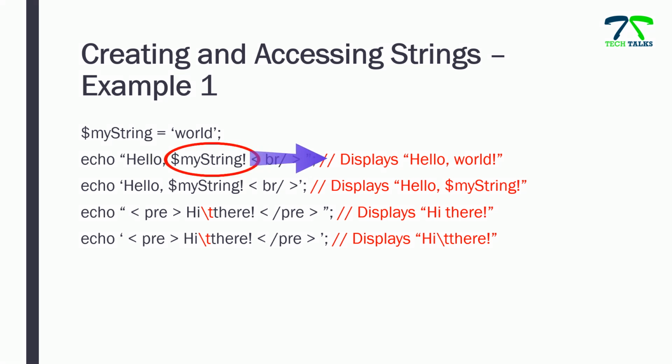So the word world will be substituted over there. But when we come to the single quote, the text myString is directly printed and it displays as is.